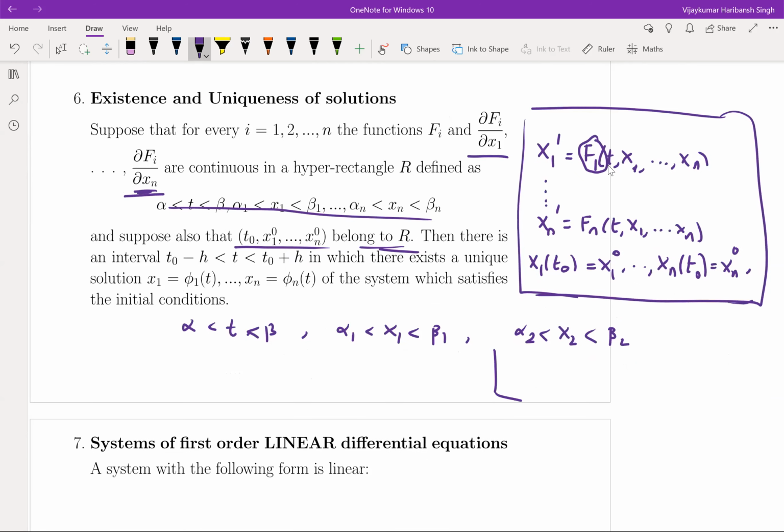So what happens is the following. Because of the initial condition, I get a point in the space like that.